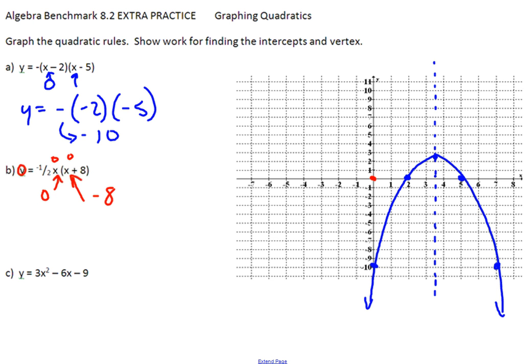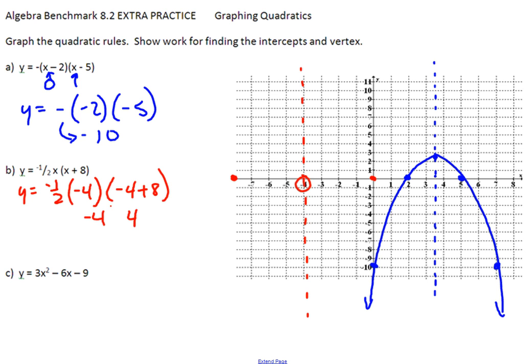So if I put a dot way over here at negative 8, and then again figure out our line of symmetry, 1, 2, 3, it's 8 there, so 4 down, where the negative 4 is. And then we need to find our vertex on that spot, so we need to plug in that negative 4 value. So I'm going to plug in y equals negative 1/2 x, which is negative 4, times negative 4 plus 8.